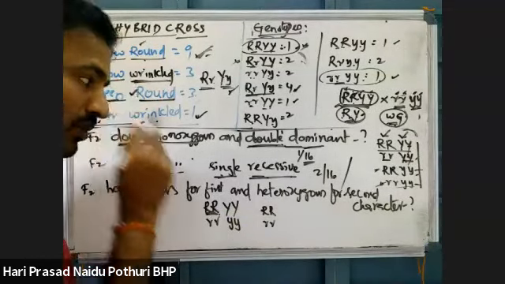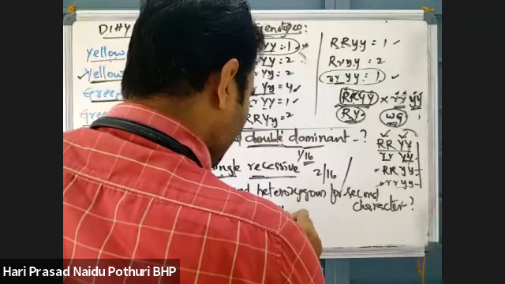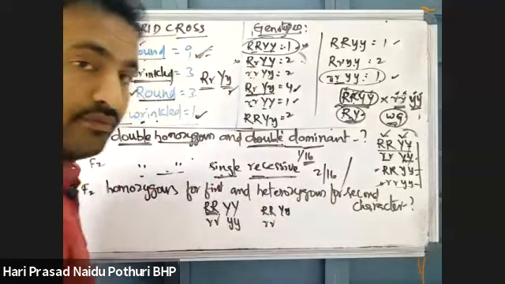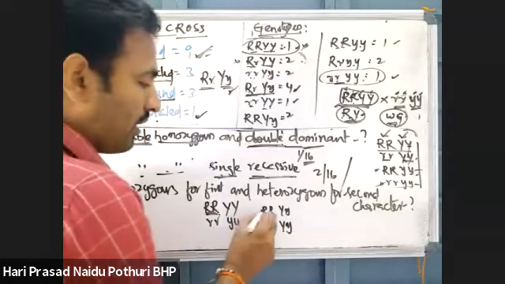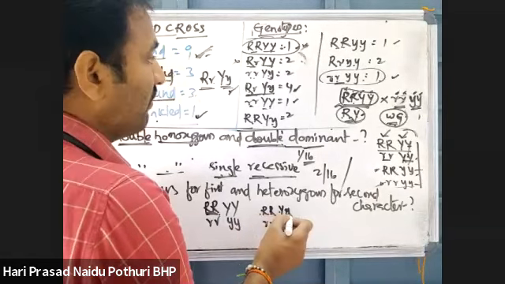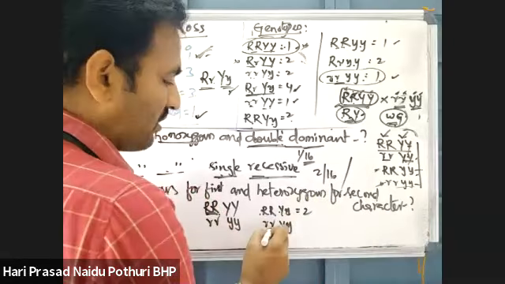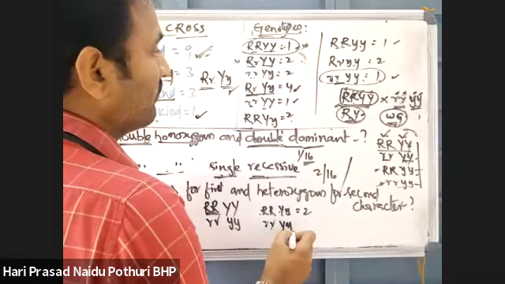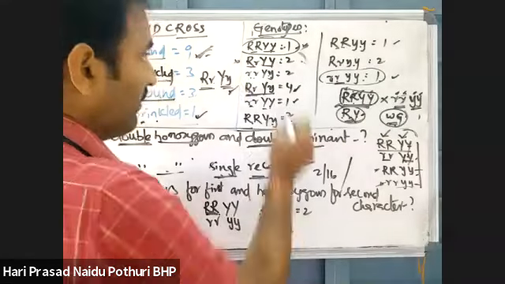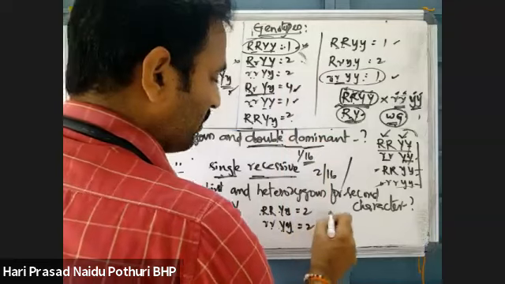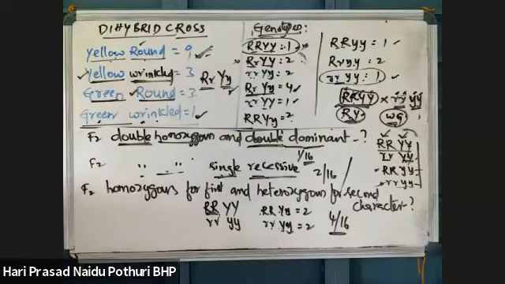And heterozygous for second character means capital Y, small y. Capital R, capital Y, small y. 2. Small r, capital Y, small y. Where is this? Small r, capital Y, small y. 2. So total 4 by 16 will come. 25%.